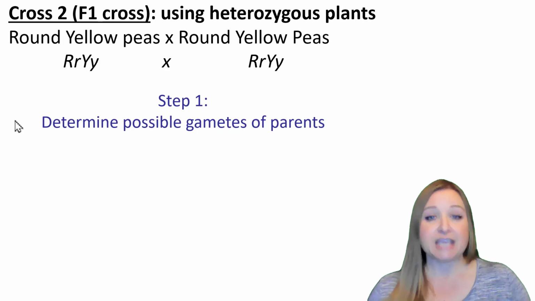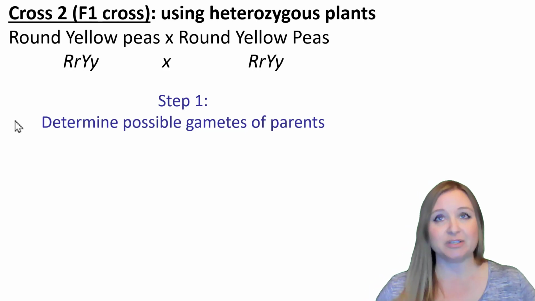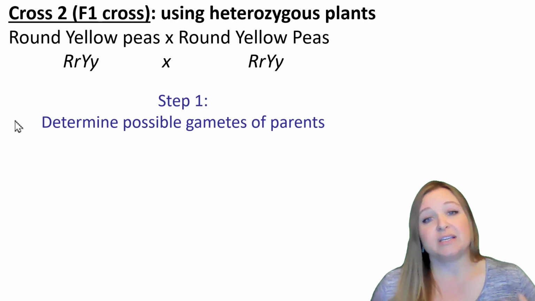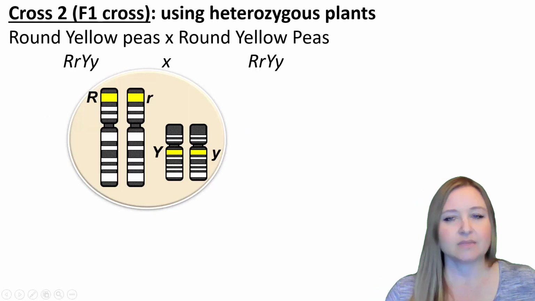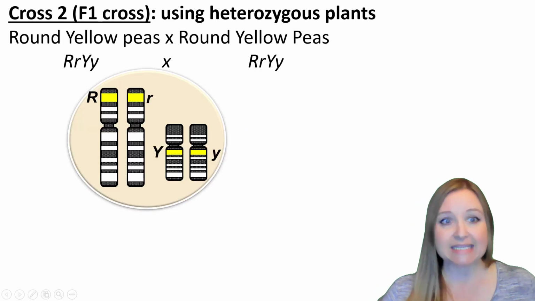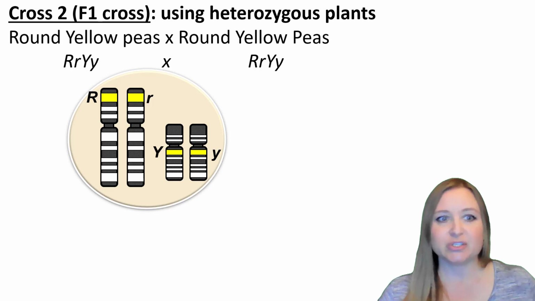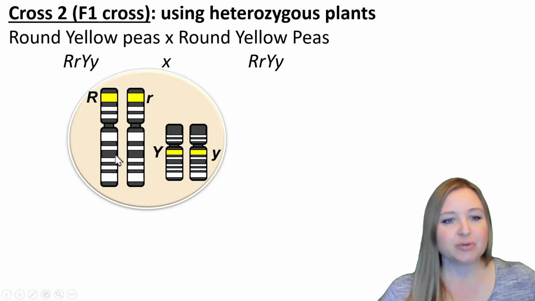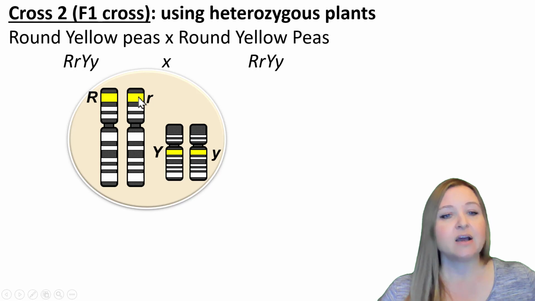We need to figure out the gametes, the sperm and the egg possibilities, so that we can fill them into our Punnett square. So here are the chromosomes found in dad's cells, and he's diploid, so there's two of each. On one chromosome, the gene is big R, and because he's heterozygous, on the other chromosome is the recessive little r.